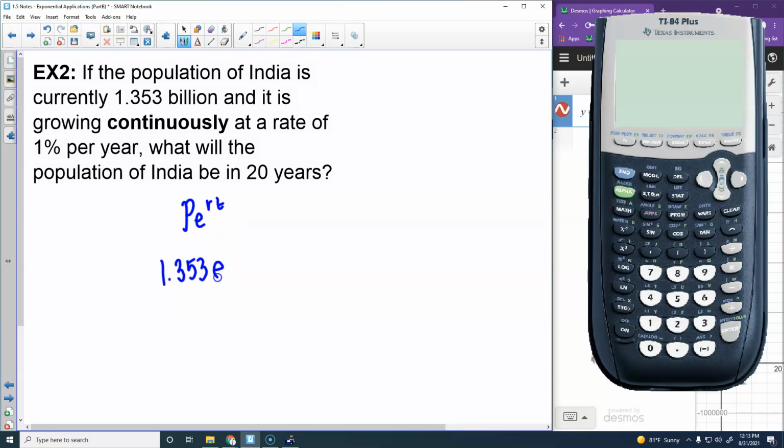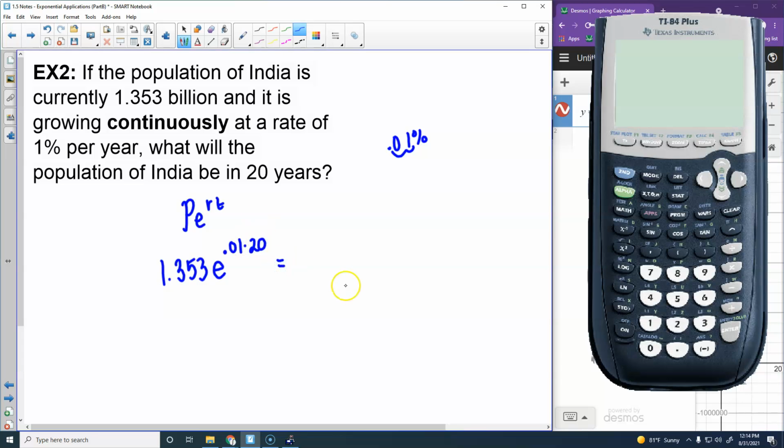And so I have e to the 0.01 is my rate, because that 1%, I got to move that decimal 2 places. For the PERT formula, you do not add 1 to that. It's just the interest rate or the growth rate as a decimal. And then that's multiplied by time, which is 20.